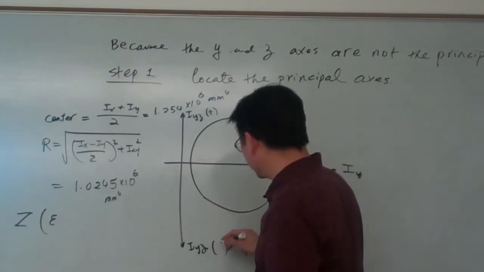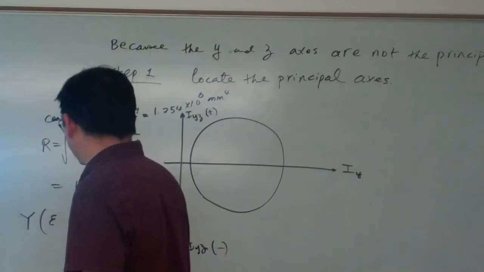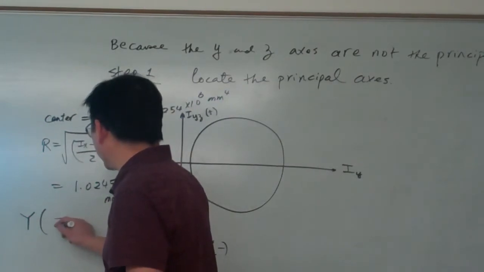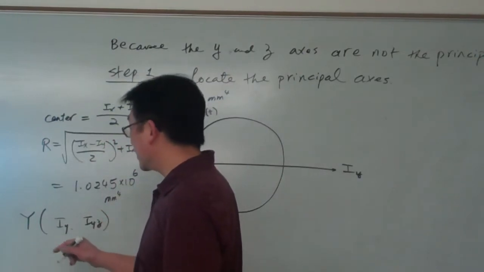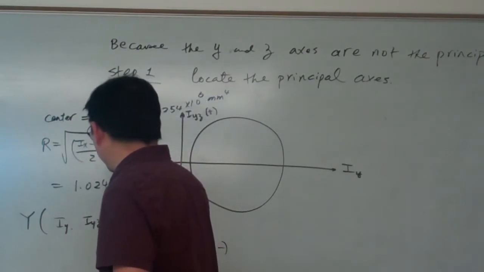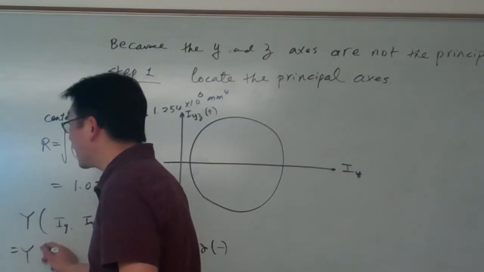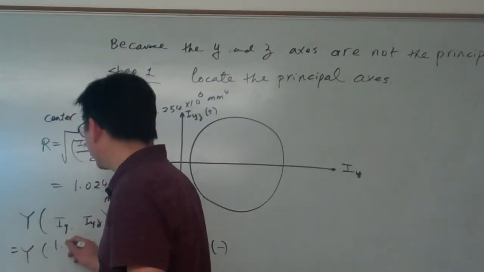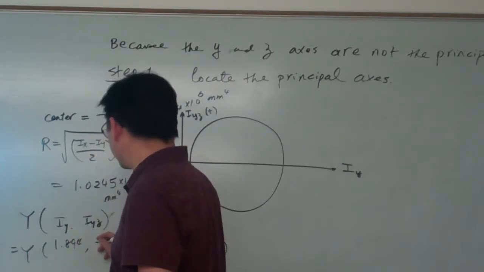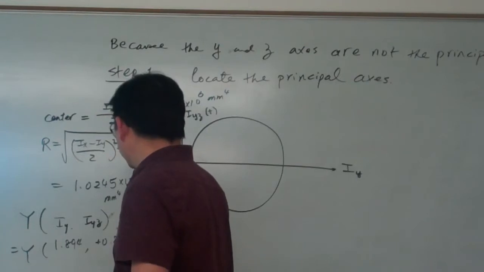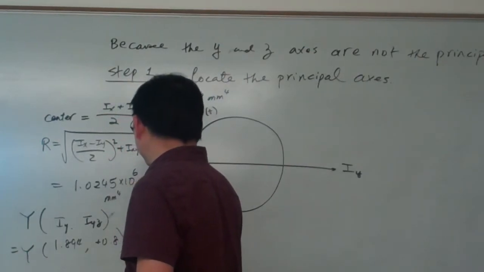Let me change it. So we have two components. We have 2 points on the Mohr circle, and this one is given by Iy and Iyz. So for this case, Iy is given as 1.894, and then Iyz is positive 0.8, times 10 to the 6 millimeter to the 4th power.